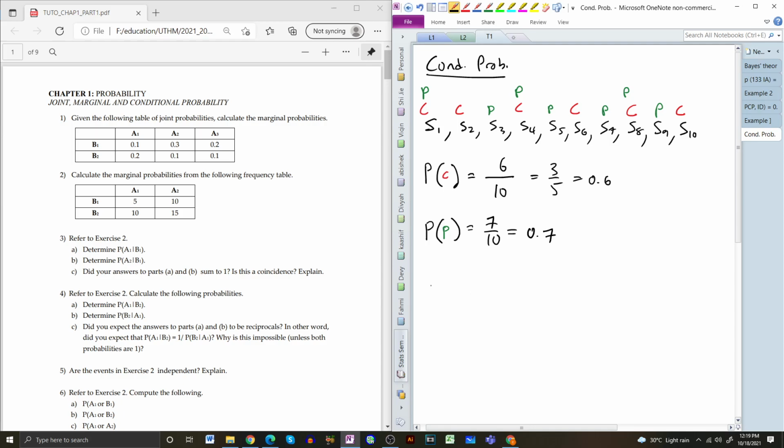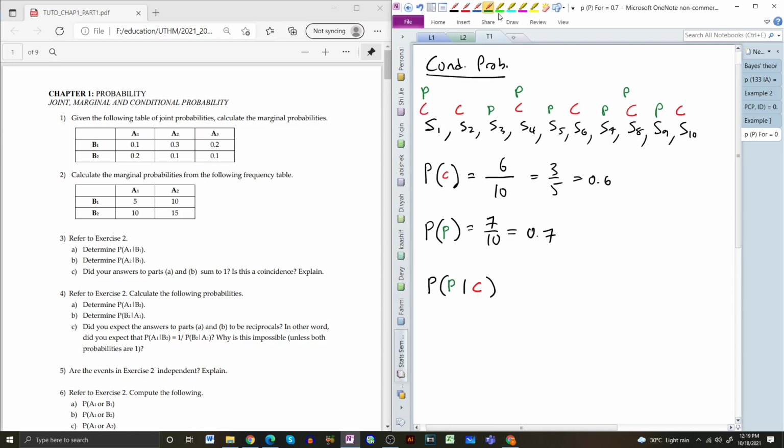Now let's say we put conditional probability. Given the student is curly, what is the probability of he is wearing spec?